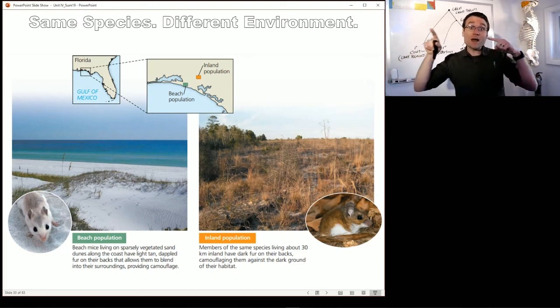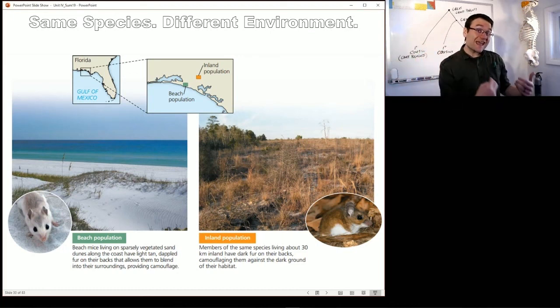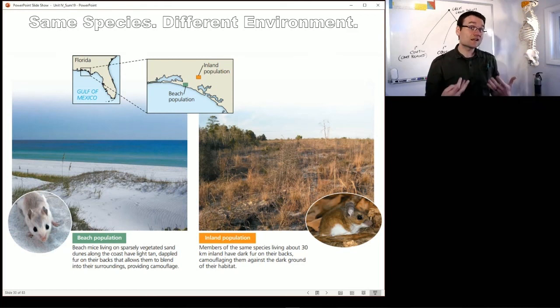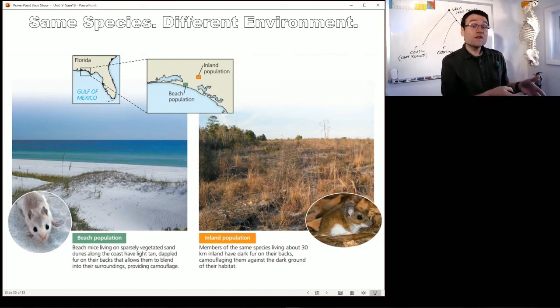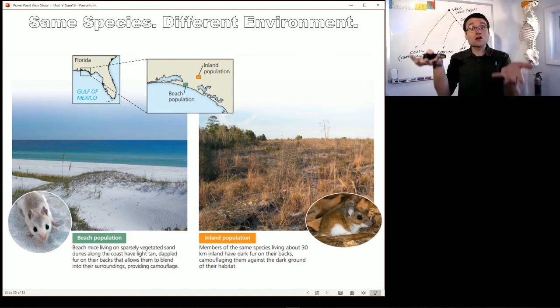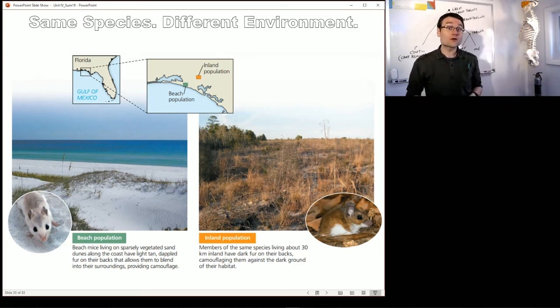Meanwhile, another population of these mice lives on the sandy beaches not too far away, and they have this very light-colored phenotype. So their fur makes them very well adapted to blending in with that surrounding. This would be a perfect example of disruptive selection. We have 2 contrasting phenotypes. Any mouse that's somewhere in between is not going to be successful in either of these 2 locations.